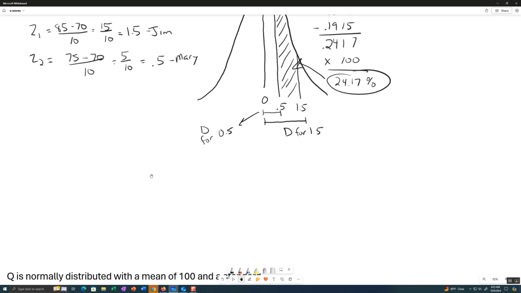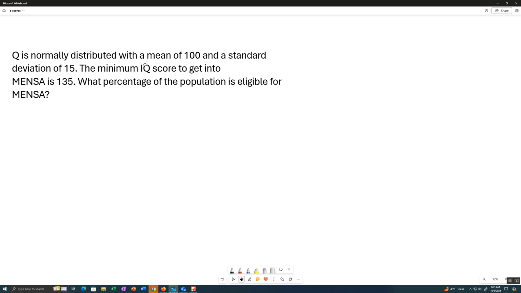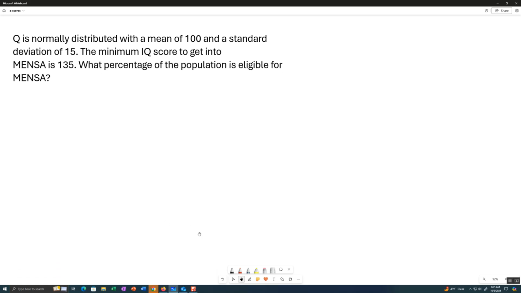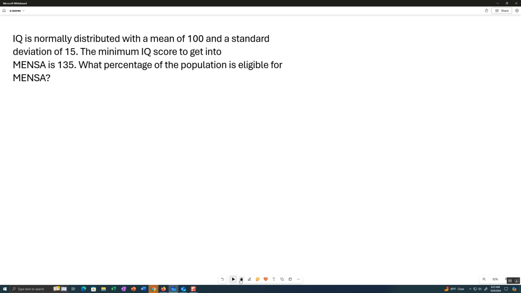Let's look at the next one. So this is IQ. IQ is normally distributed with a mean of 100 and a standard deviation of 15. The minimum IQ score to get into Mensa is 135. So this is another Mensa question that I came up with.